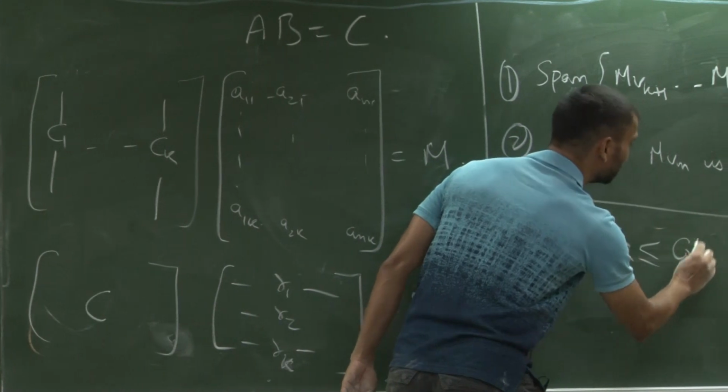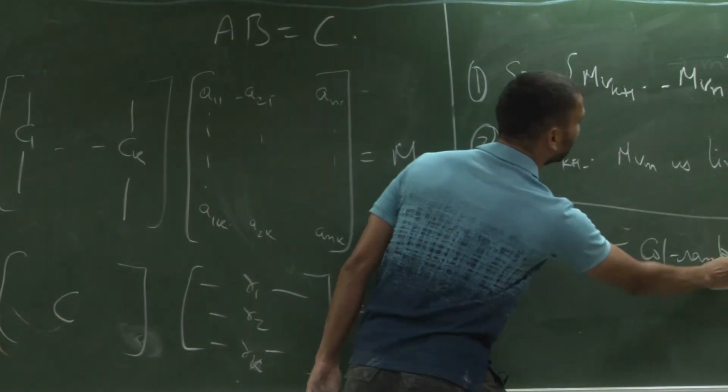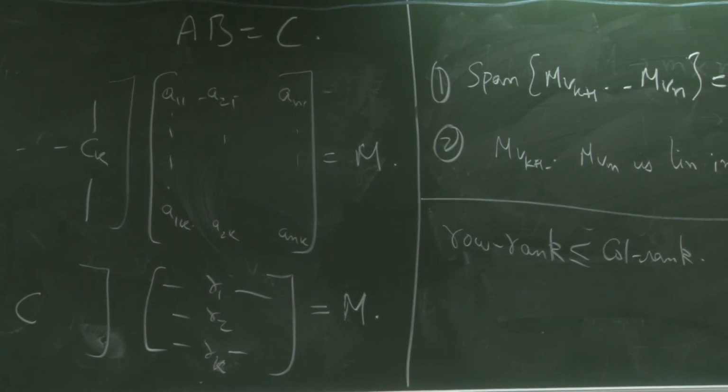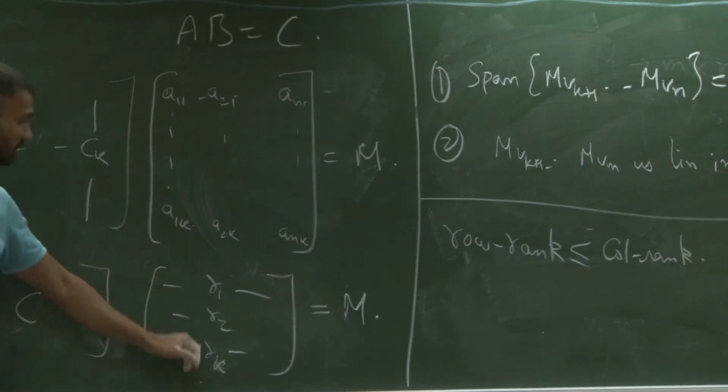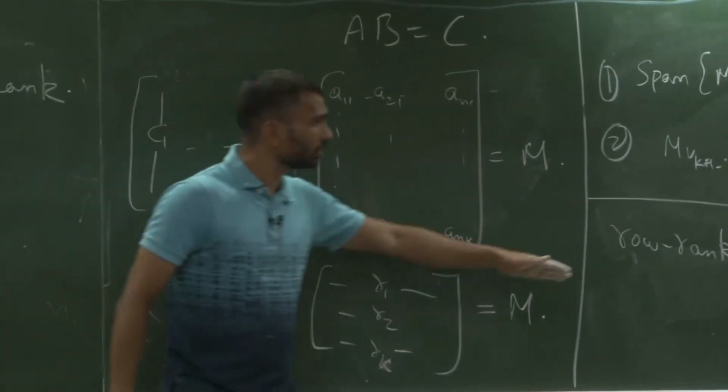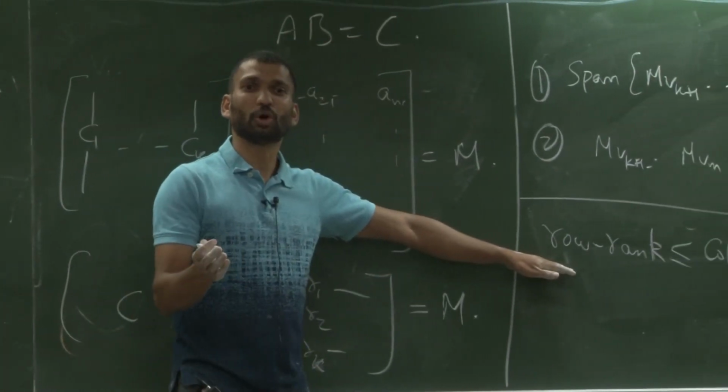Row rank is less than or equal to column rank. Okay, because these need not be linearly independent. But then you can run the same argument in the opposite direction.